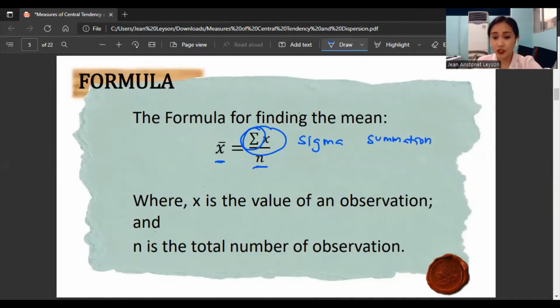To get the summation, you simply add all the values in a given set of data. Take note, X is the value of an observation and N is the total number of observations. So again, X bar is equal to the summation of X over N.